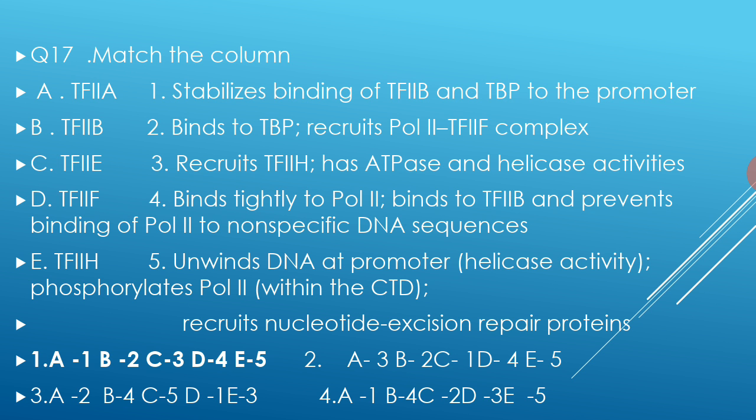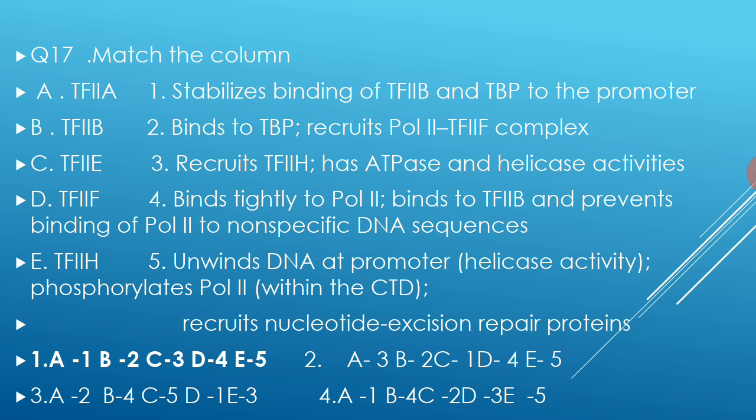Question number 17. It is a table in the Lehninger book, a very good table, and some questions have been asked on this table. TFIIA function is to stabilize binding of TFIIB and TBP to the promoter, correct? TFIIB binds to TBP and recruits the Pol II-TFIIF complex. TFIIE recruits TFIIH and has ATPase and helicase activities.